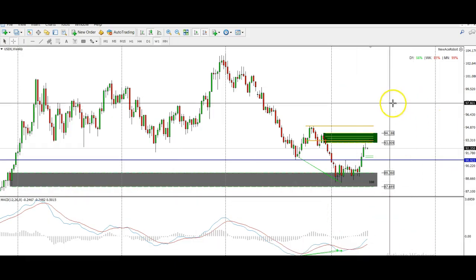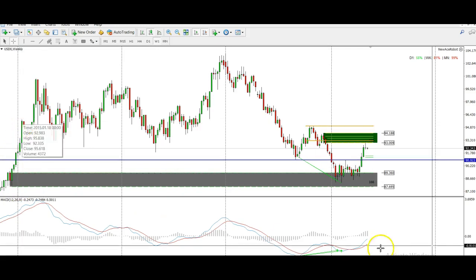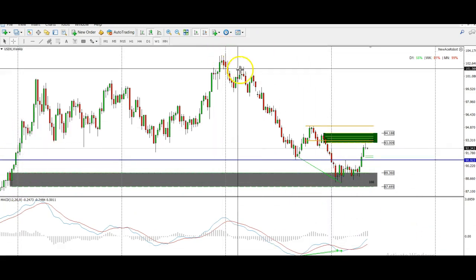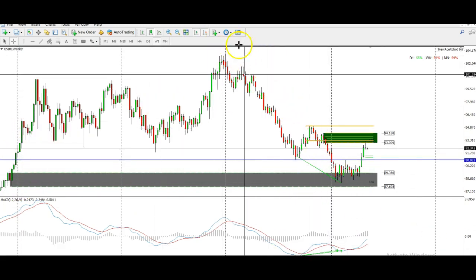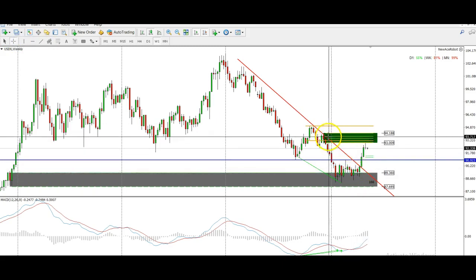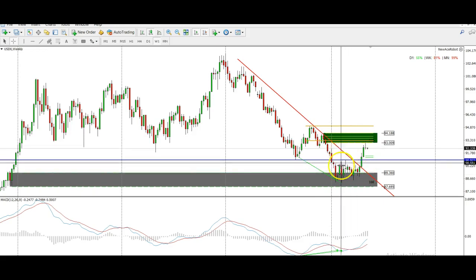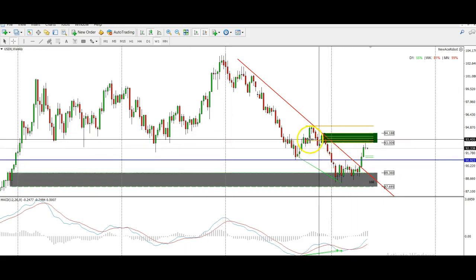So we've come into this weekly area. This area caused this reaction, and we're now retracing this leg down here. Price dropped, accumulated, popped up. The first easy target in the weekly hit was the last area that caused the last low in this leg down, which was here.